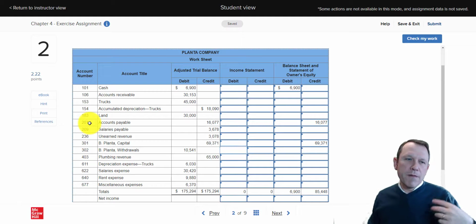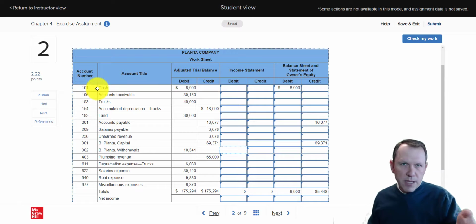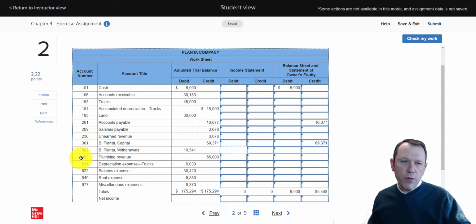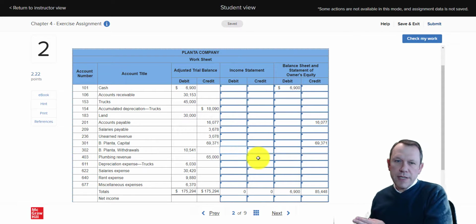Also, they keep things in order according to the chart of accounts. All these accounts, again, are going to go according to the order of the accounting equation. So assets are going to be first, then liabilities, then the equity accounts, right? So just going down to the 403 here, revenue, they're not going to go all the way over to the balance sheet and statement of owner's equity.